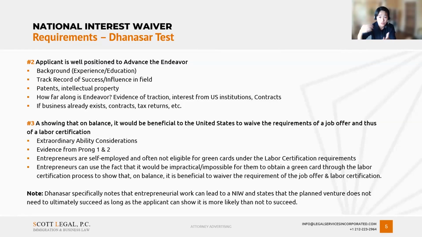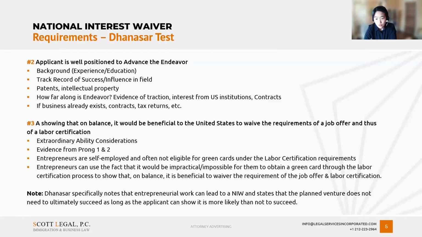Those can be used as support that it will be hard to replace somebody who's at the cutting edge of the field like you with just another US worker of minimum credentials. So that's one way you can show that a labor certification will not be appropriate in your case, because your skills cannot be replaced.